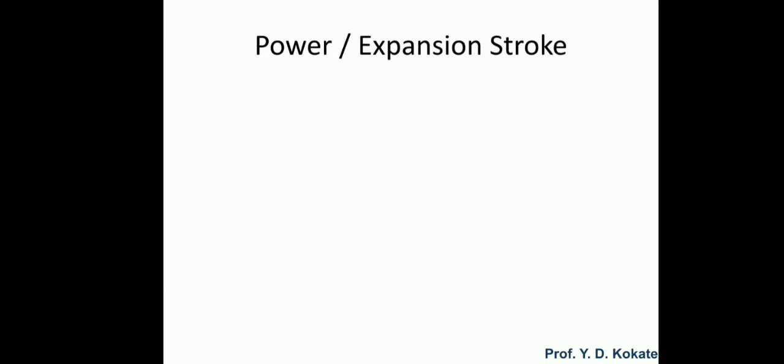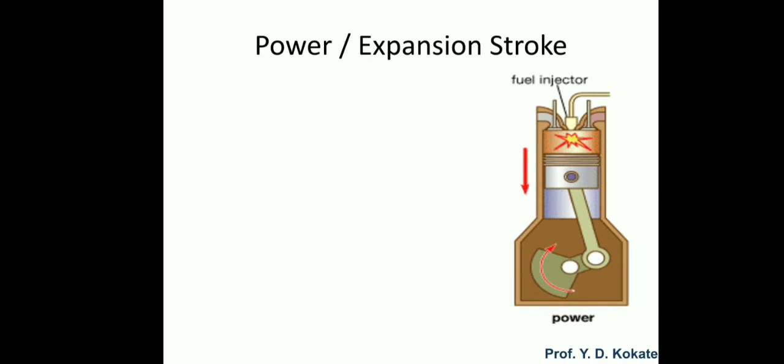In the power or expansion stroke, you can see that the fuel injector injects the fuel, and the temperature of the air is so high that the diesel reaches the self ignition temperature. So what is meant by self ignition temperature?